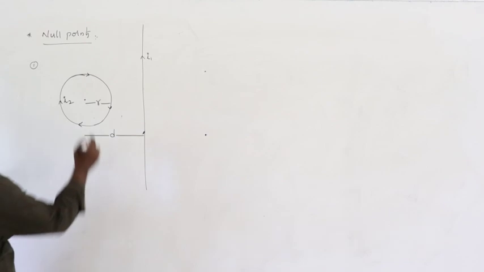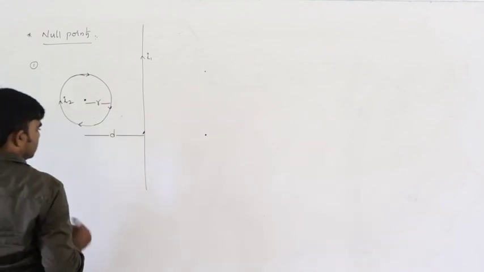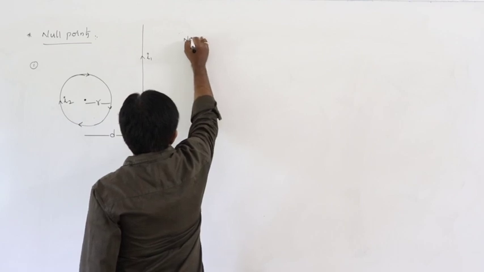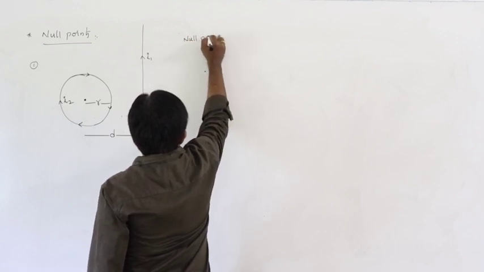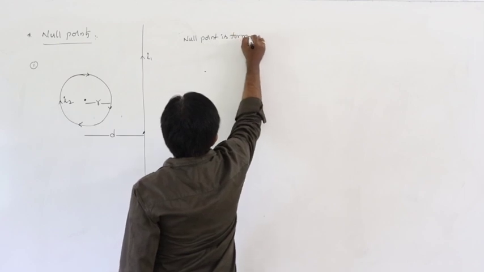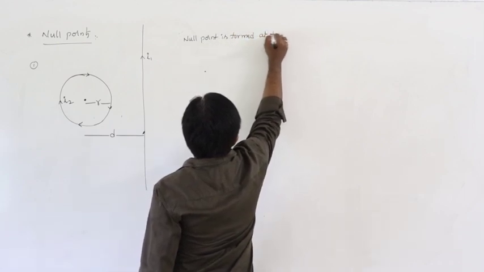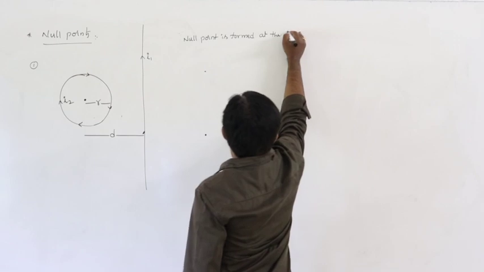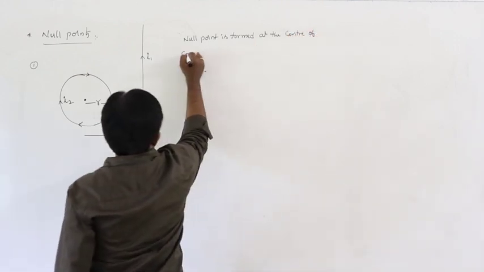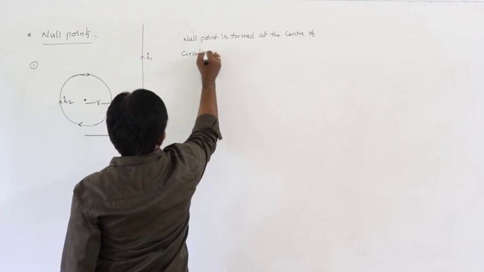So here the concept is, the main thing is, a null point is formed at the center of the circular coil.